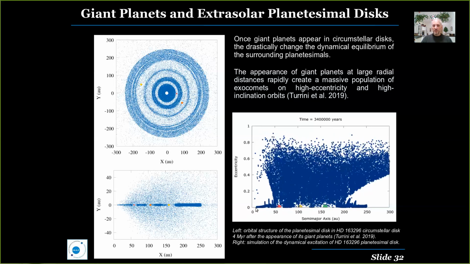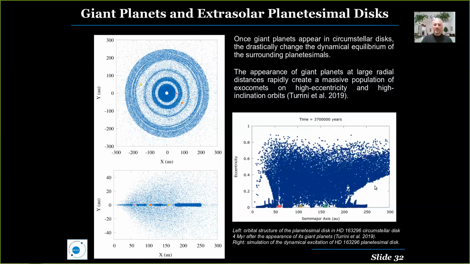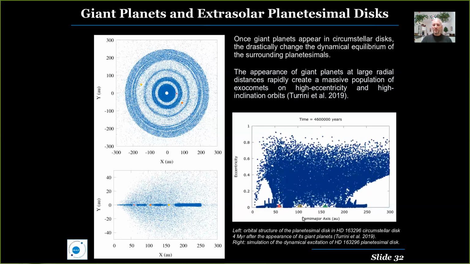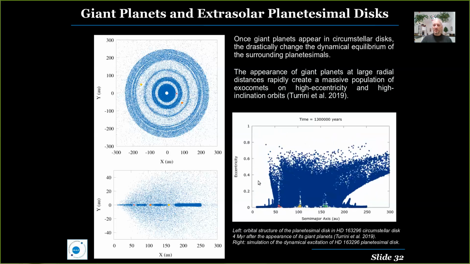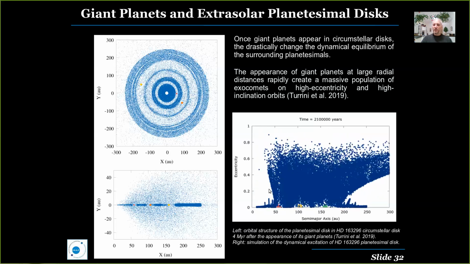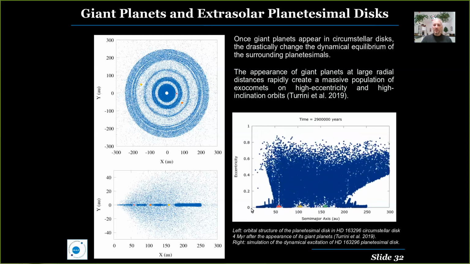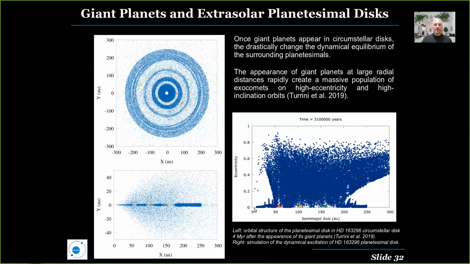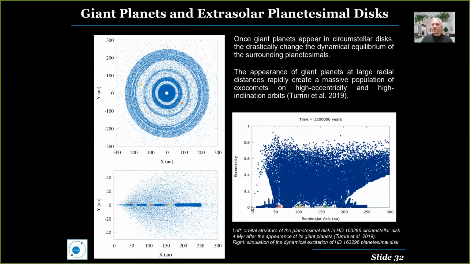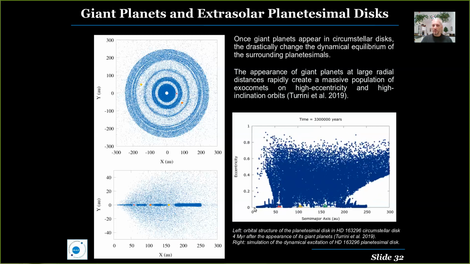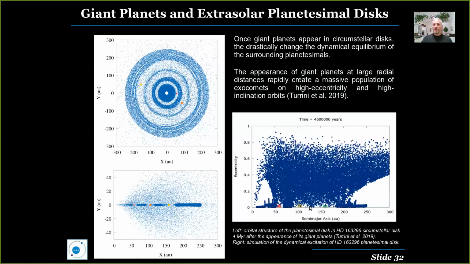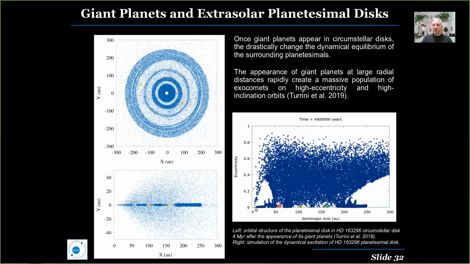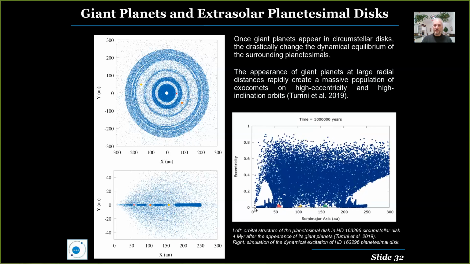Now, the inner edge of this disk is at 10 astronomical units, and this means that the presence of giant planets at 50 to 150 astronomical units from the star can excite planetesimals and inject cometary objects rich in ultra-volatile elements into the innermost region of the protoplanetary disk, where we would expect analogs of the planets of the solar system to form. So again, the presence of one or more large perturbers at large distances can also have implications for bodies that are forming in the inner regions.